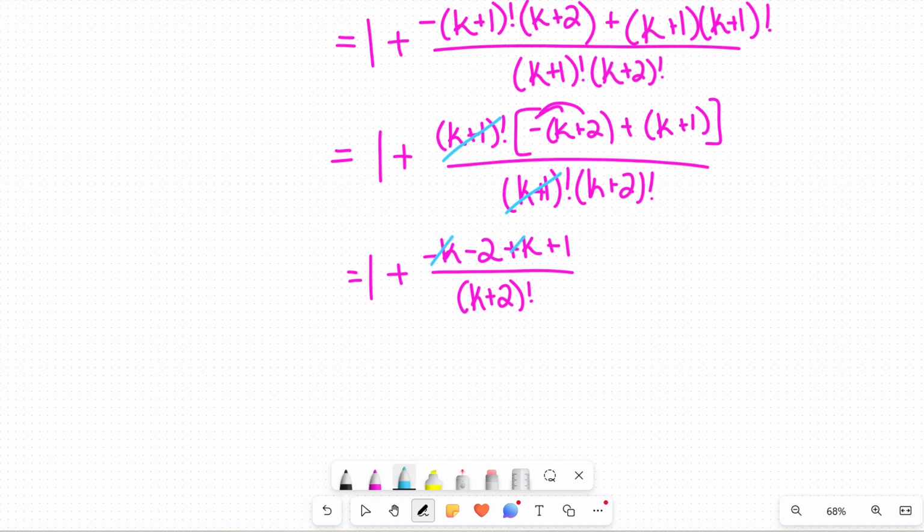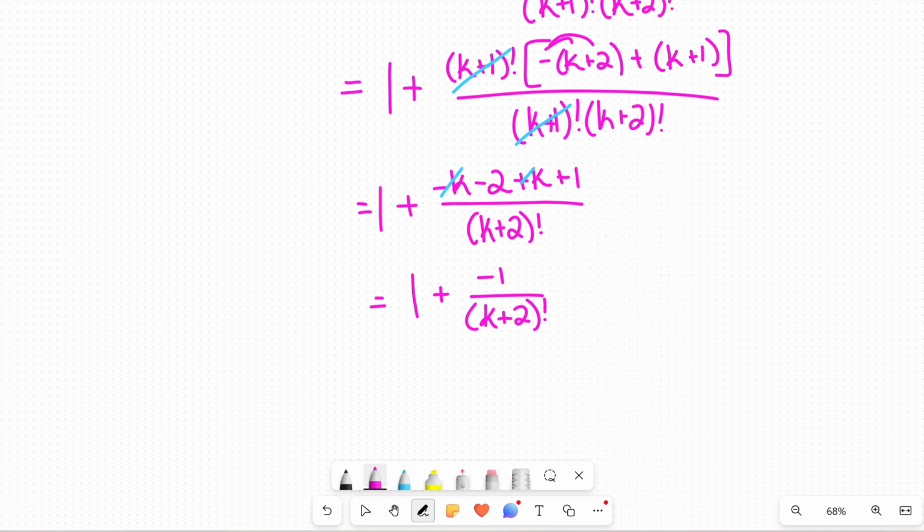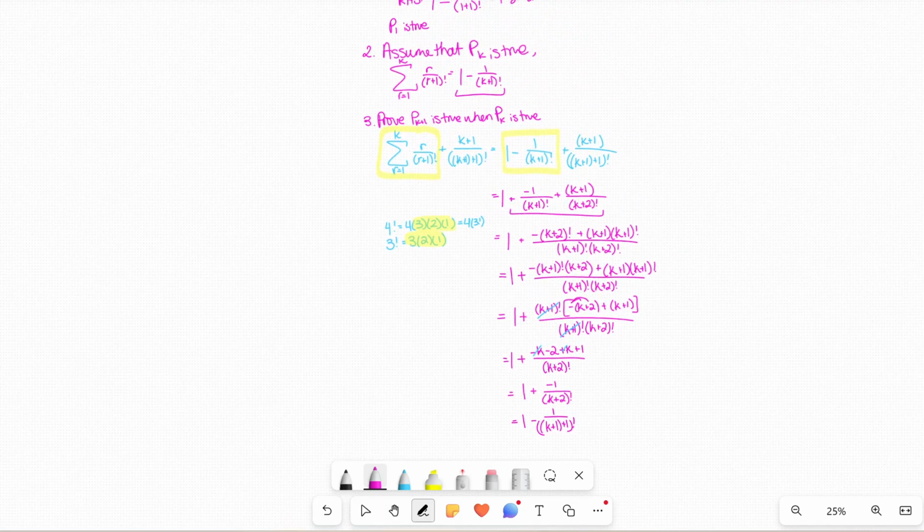My K's are also going to cancel, and I'm left with 1 plus negative 1 over K plus 2 factorial, which, if I want to be fancy, I can rewrite as 1 minus 1 over K plus 2 factorial, which is proving what I was trying to prove. I was trying to prove that if I use K plus 1, it would still be in that same format. I did prove that. It still has the same pattern, even if I use K plus 1.